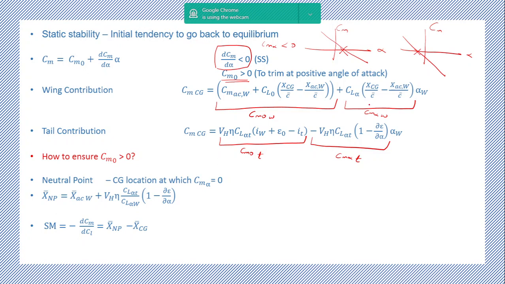You only have to consider the Cm alpha terms to comment on the stability. So Cl alpha is positive, right? We either take a symmetric airfoil or a cambered airfoil. Either case, Cl alpha is positive. This quantity is positive. What about this quantity in the brackets? XCG minus XACW. For typical aircrafts, will it be positive or negative?